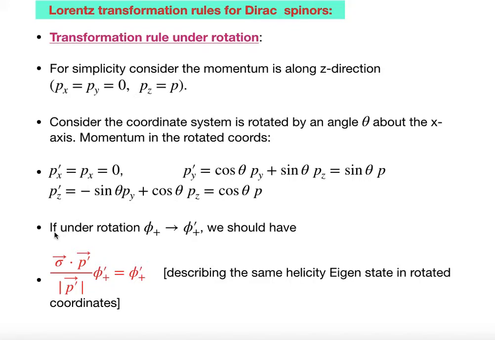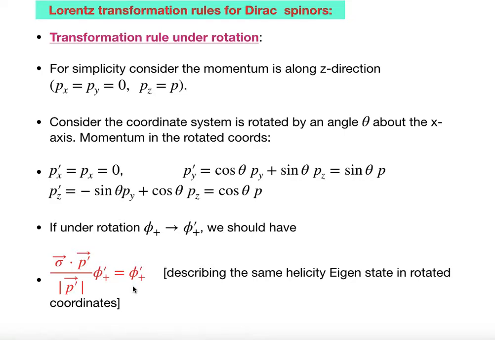So you assume that under this rotation, phi plus, the positive helicity eigenstate or eigenfunction, goes to phi plus prime. So in the rotated coordinate system, this phi plus prime should satisfy this equation. If you just remove the prime from this equation, you have the equation for the positive helicity state in the original frame.